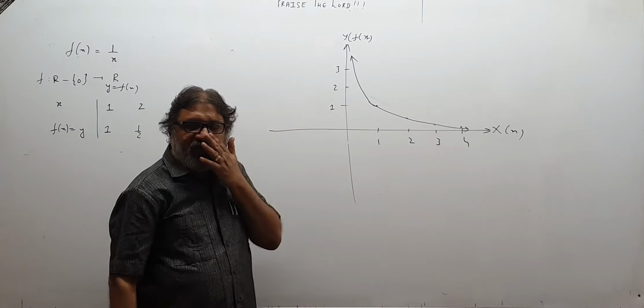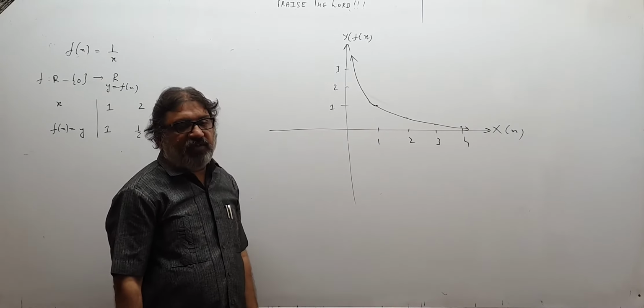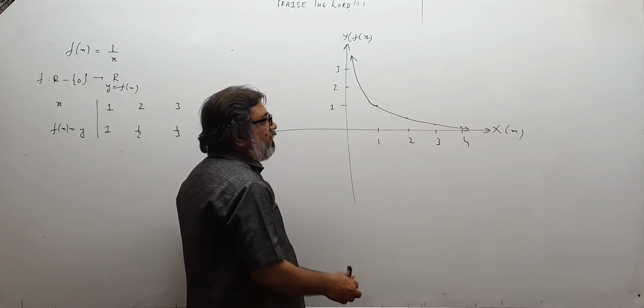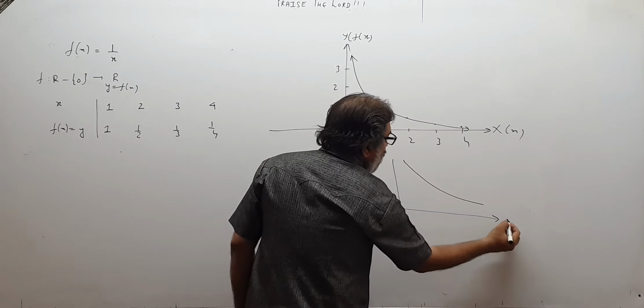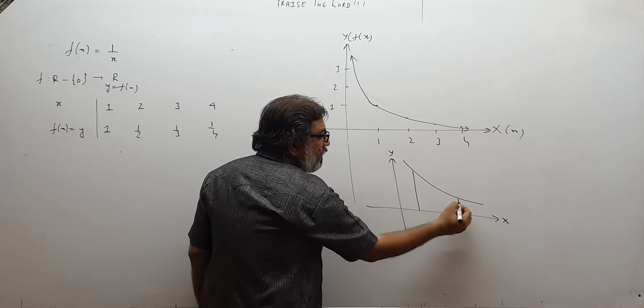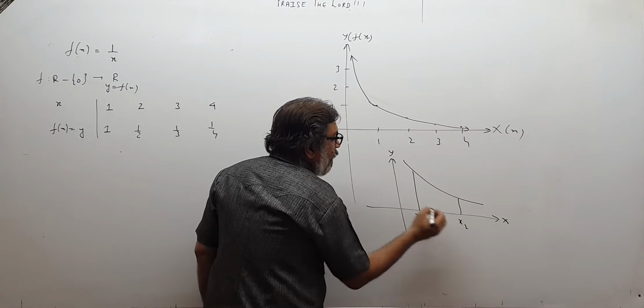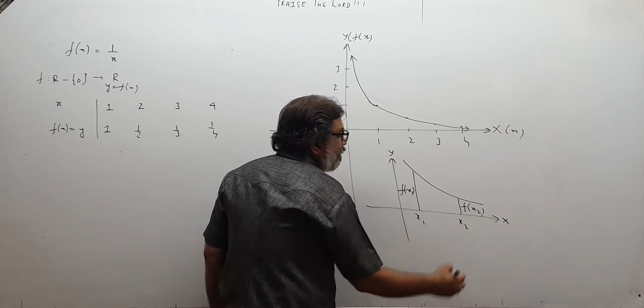So it is a decreasing function. When the graph is coming down, it becomes a decreasing function. And for a decreasing function, children, see, if I have got a decreasing function like this, x-axis and y-axis. This is one value and this is the second value, x1 and x2. This height will be f(x1) and this height will be f(x2).